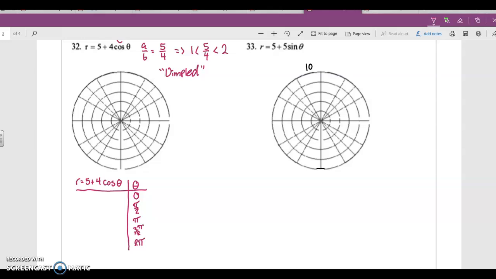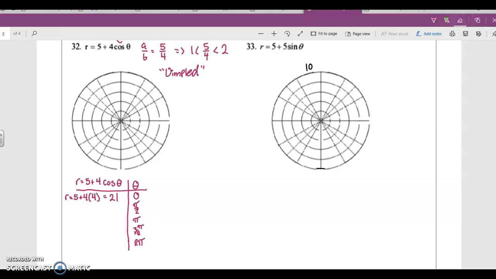Next up, we're just going to plug these values in for our cosine. So we have r is equal to 5 plus 4, and then we take cosine of 0. The cosine of 0 is 1. So 5 plus 16 is equal to 21.